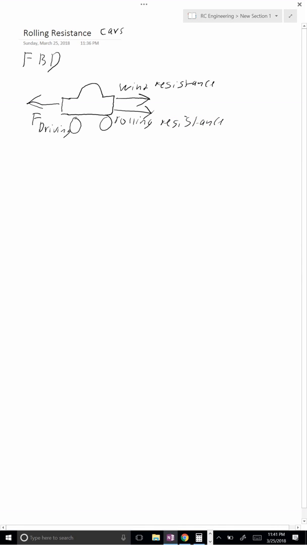And rolling resistance is actually a form of another resistance, which is called friction, right? So friction is, I guess, a big broad term. Rolling resistance or rolling friction, it could also be called friction, are under one big umbrella. So there's two types. There's rolling friction or resistance, and then there's dragging.